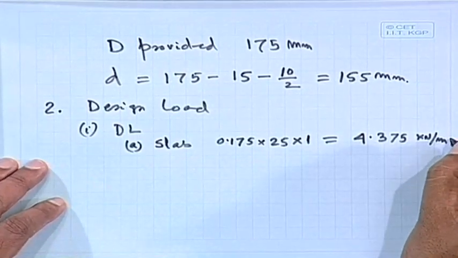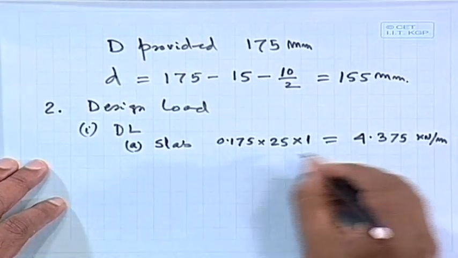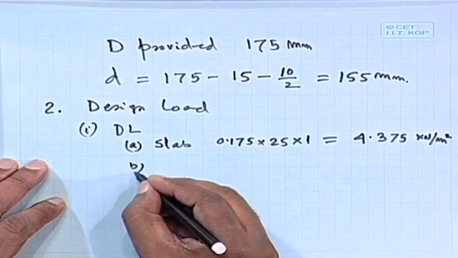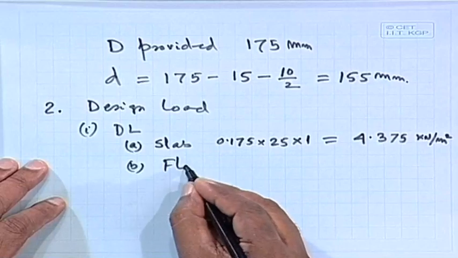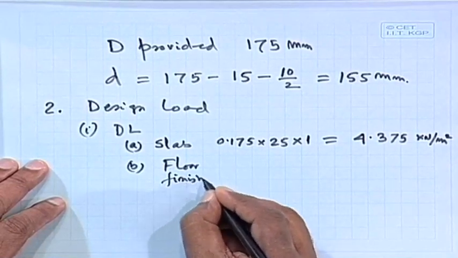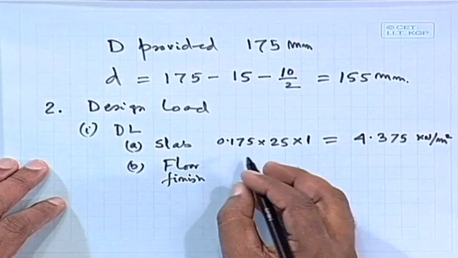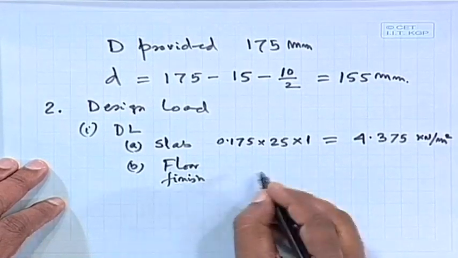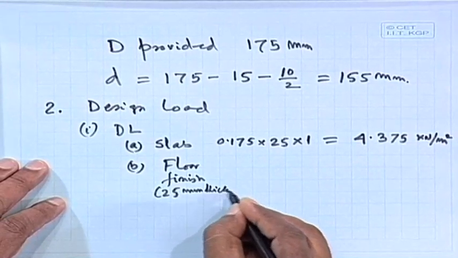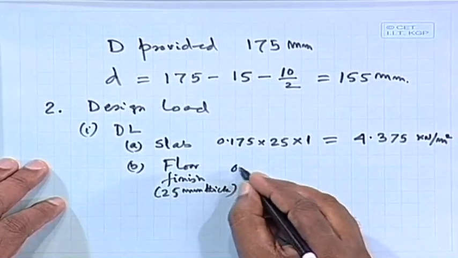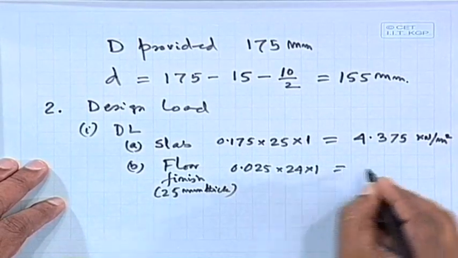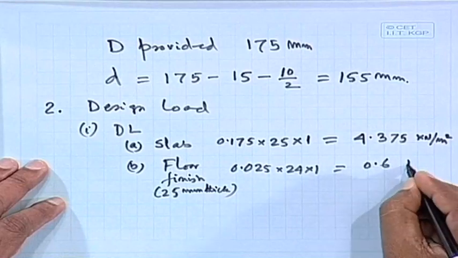For meter width we are talking, so I can write down per square meter. Floor finish, let us take floor finish 25 thick. So, I am taking 0.025 into 24 into 1, which comes as 0.6.